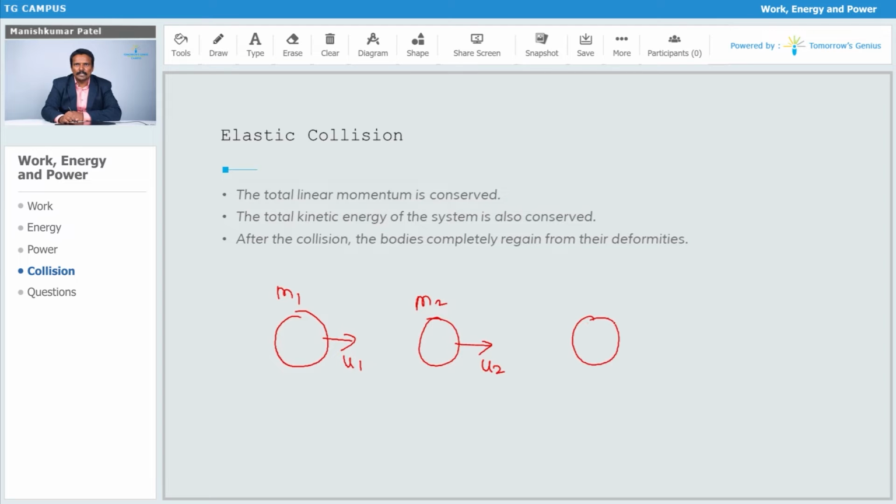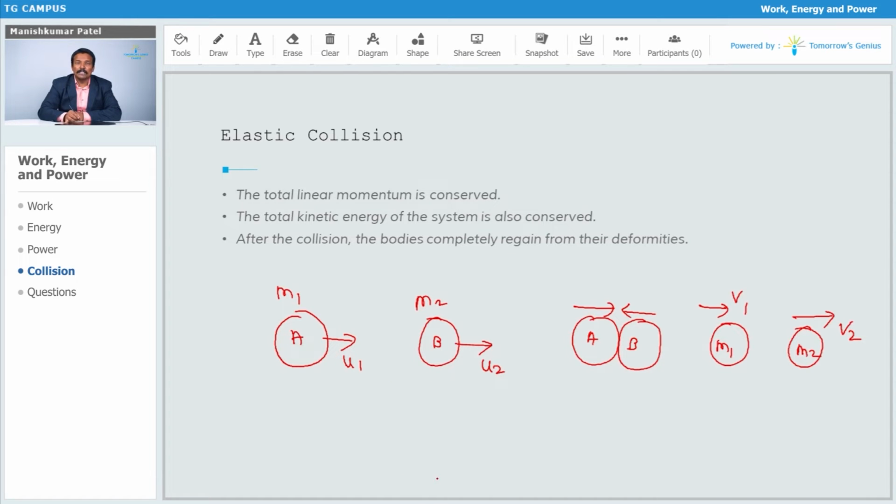After some time there is a collision between them, and after collision they get separated. After collision, let's say this is v2 having the mass m2, and this is v1 with mass m1. They exert force on each other. This is sphere A and B for this particular case.